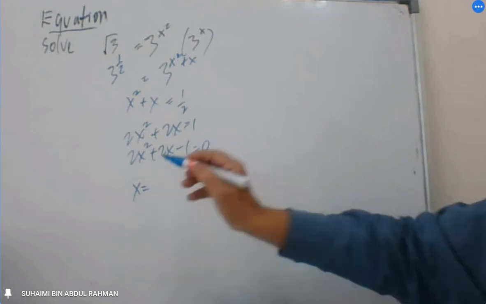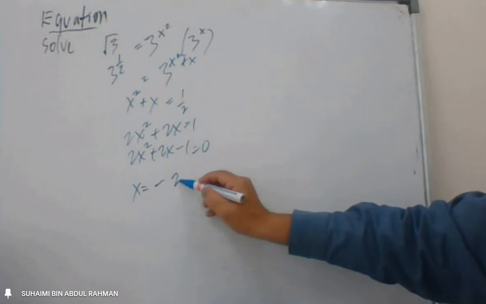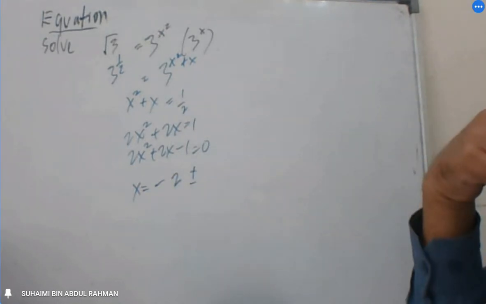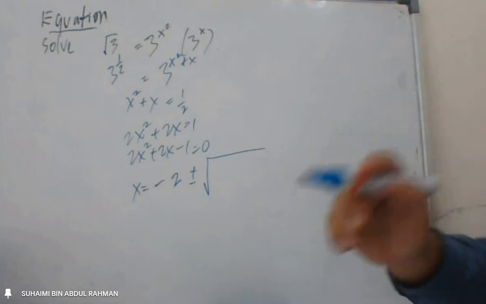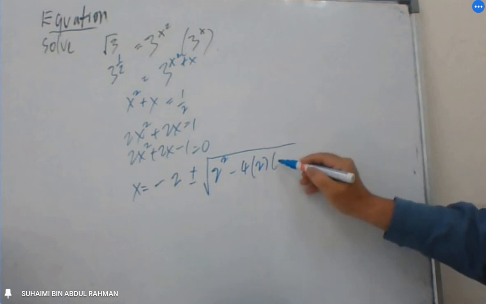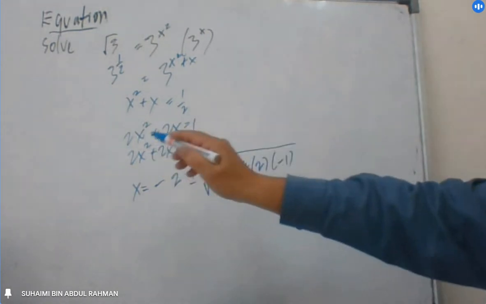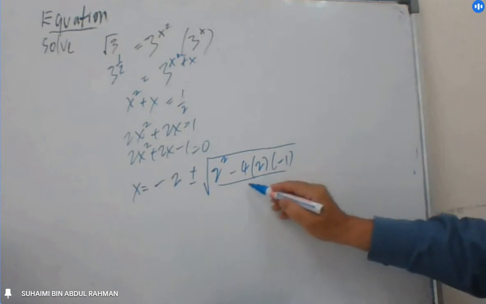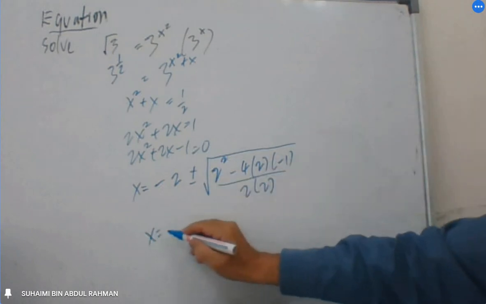Quadratic formula. x is minus b plus minus square root of b squared minus 4ac, all divided by 2a. Here a is 2, b is 2, and c is minus 1. So you get x is what?